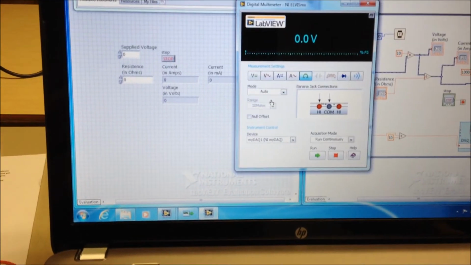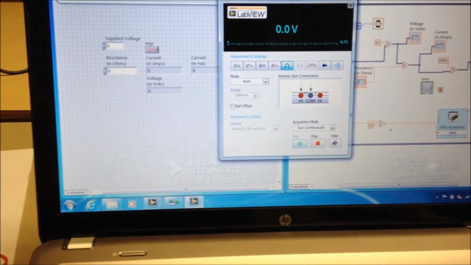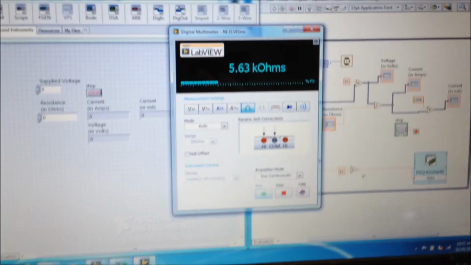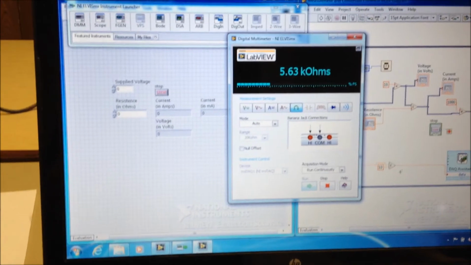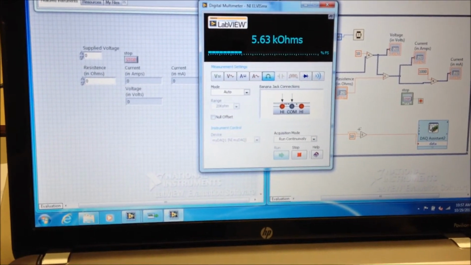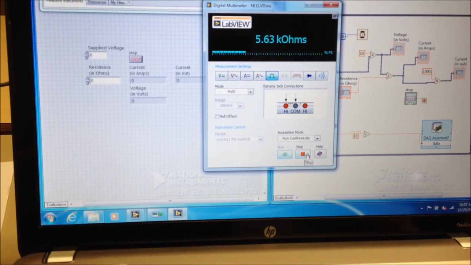I would set the mode to auto in this case and then hit run, and it's going to take a second to actually start functioning. Then you're going to get a reading, and this is my load resistor, so 5.63k ohms for a 5.6k resistor is appropriate.